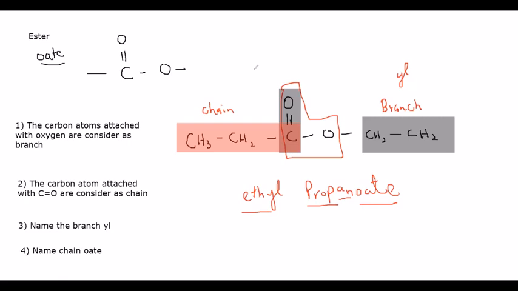In this example, there are 2 carbons. So the branch should have eth, and because it's a branch, it will always end at YL. So it is ethyl. In the chain, we have 3 carbon atoms, so it is prop. Because there is a single bond between the carbon atoms, it is an. And due to this functional group, C double bonded with O and O, it is oate. So it is ethyl propanoate.